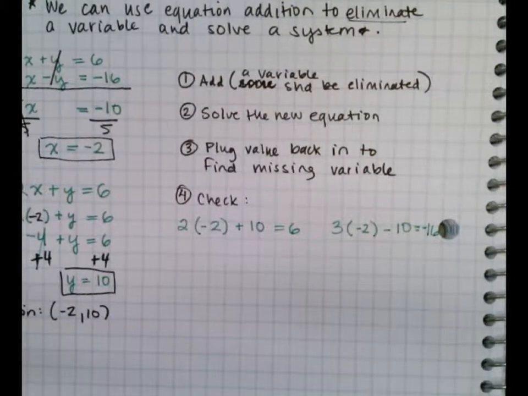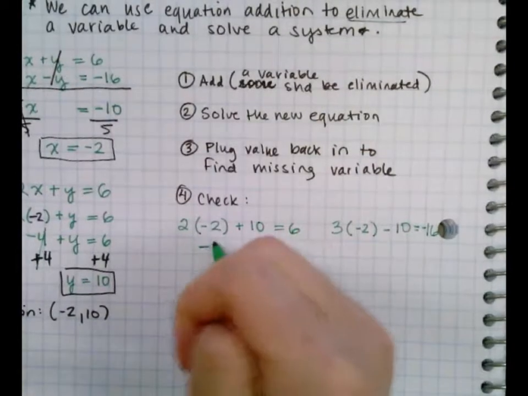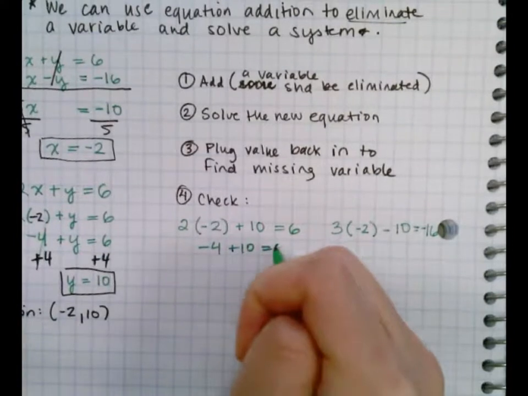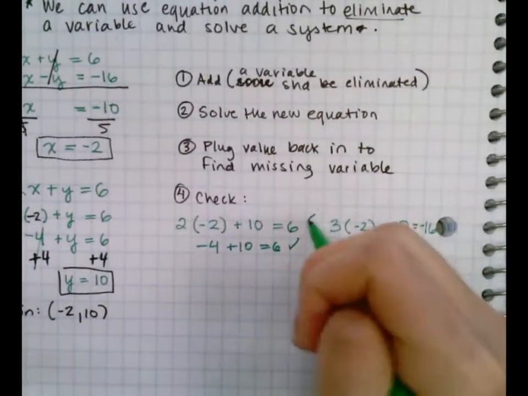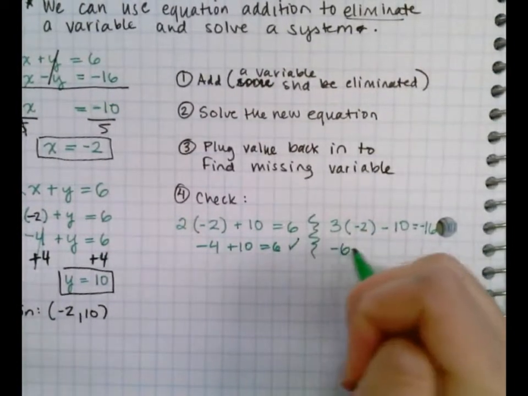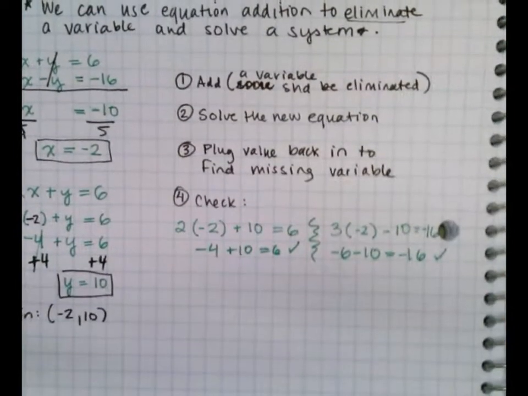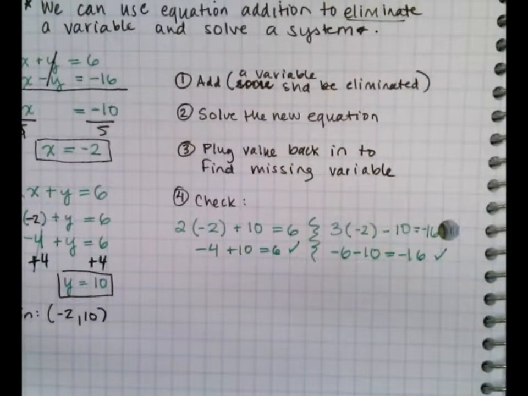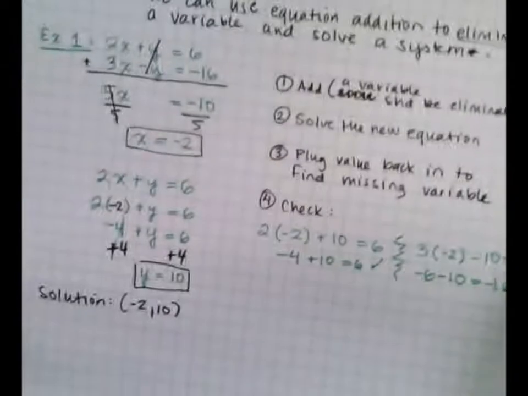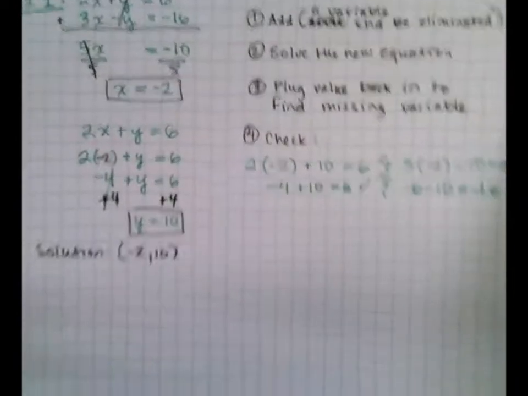Checking both of these, I get negative 4 plus 10. That is 6, so that one checks. And then here I get negative 6 minus 10, which is negative 16, so that one also checks out. Now we verified that the solution is in fact the point negative 2, 10.